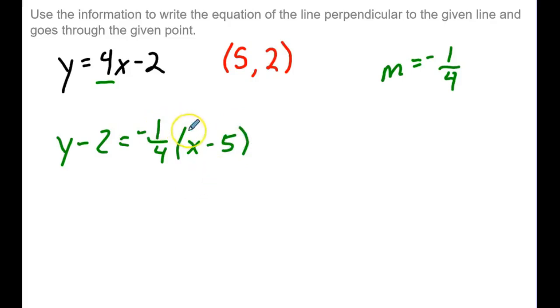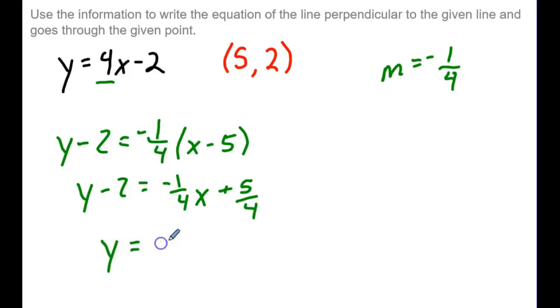Going through distributive property on the right, we get y minus 2 equal to negative 1/4 times x. Two negatives make a positive, so this would be plus 5/4. Last step, add 2 to the other side of the equation. That leaves us with y equals negative 1/4 x.